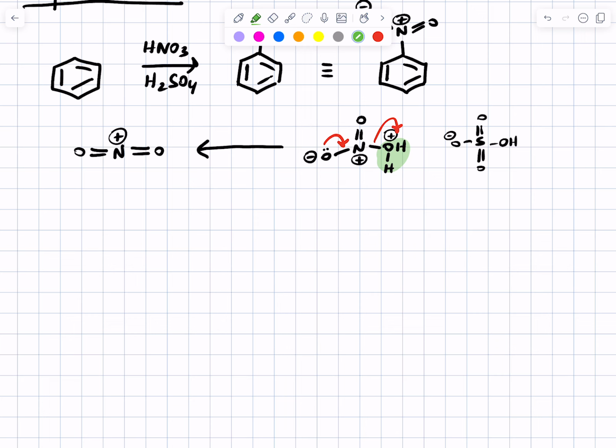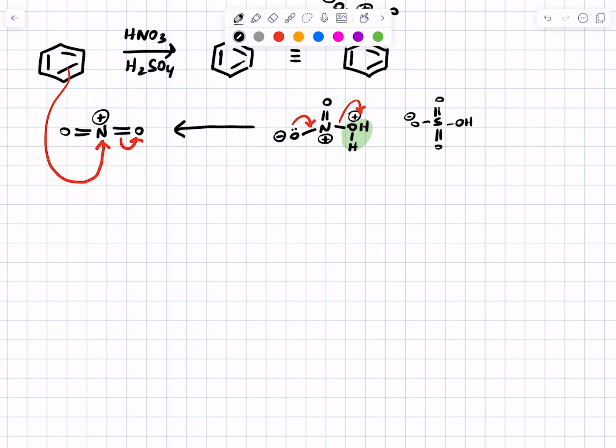Then the benzene ring attacks. And we break a pi bond, kind of like carbonyl chemistry there. Here is the intermediate that we're going to get. One of the carbons has a hydrogen and the new nitro group.